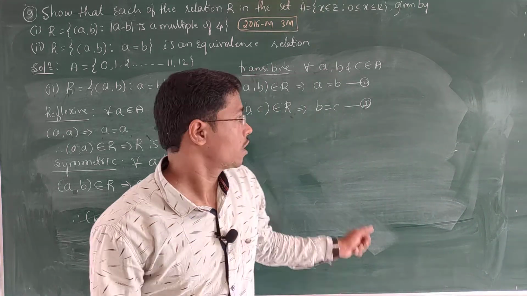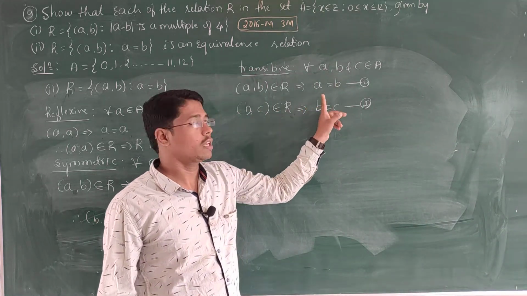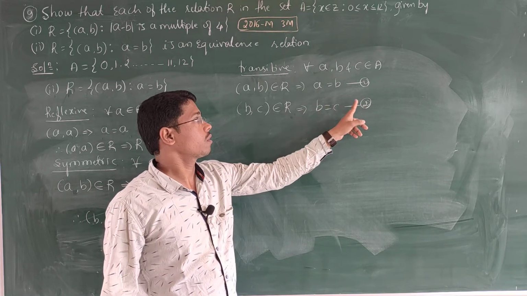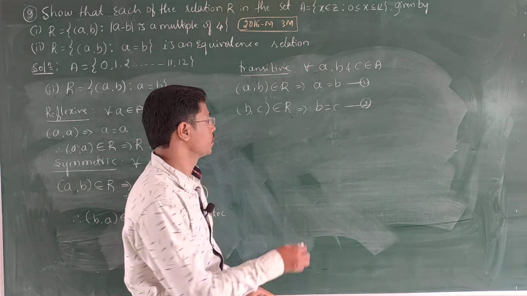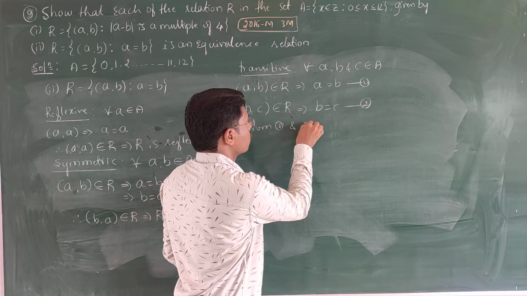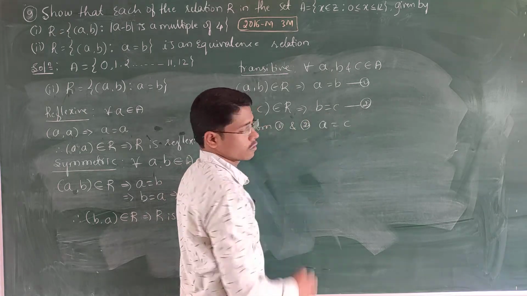So see here, equation 1 is a is equal to b. Equation 2 is b is equal to c. So we can write from 1 and 2, a is equal to c.